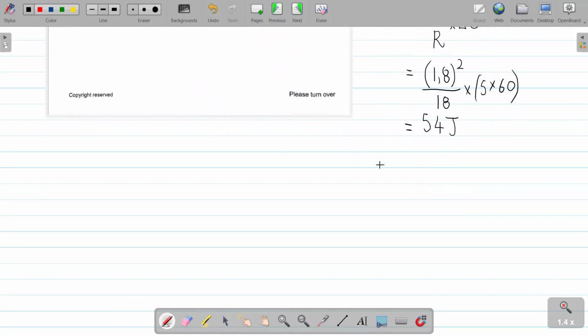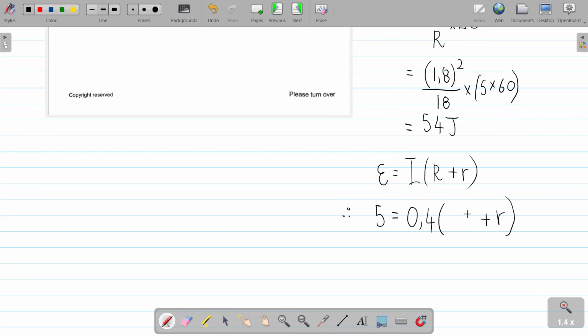So here we're going to say EMF equals I, then R plus r. So 5 equals, and the I we're given as 0.4, and then it's going to be plus r.